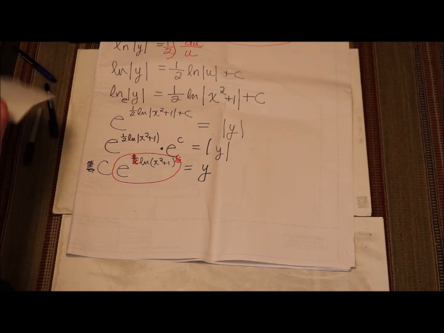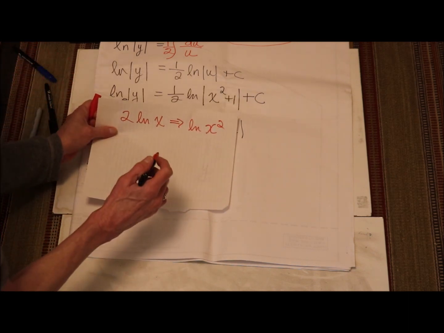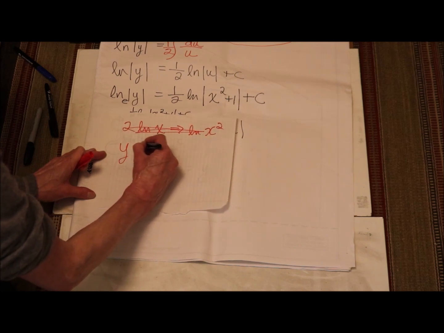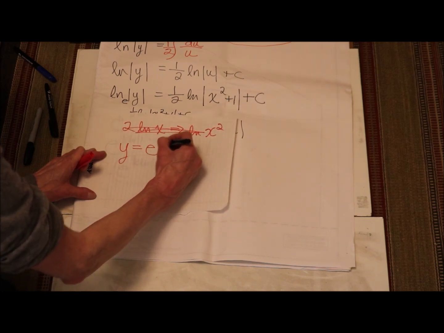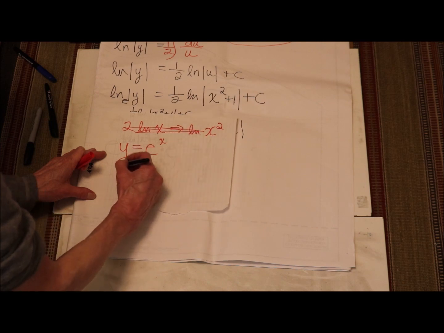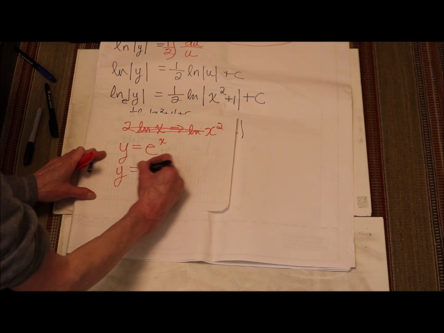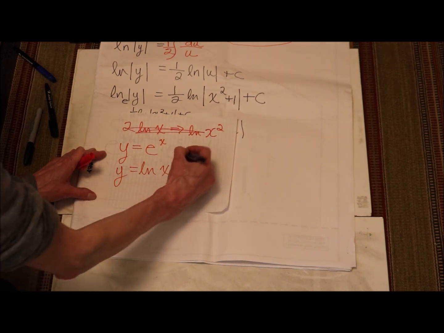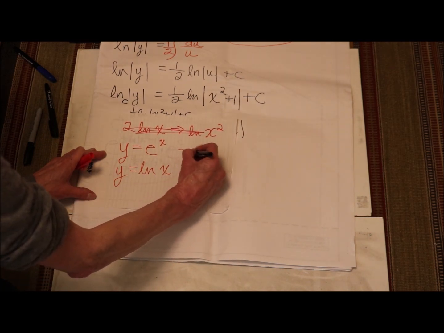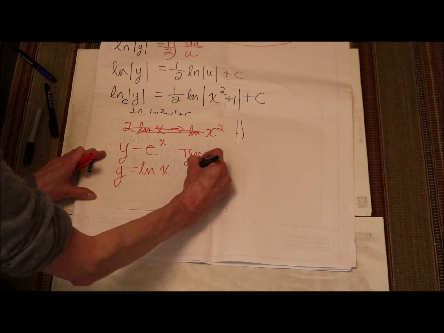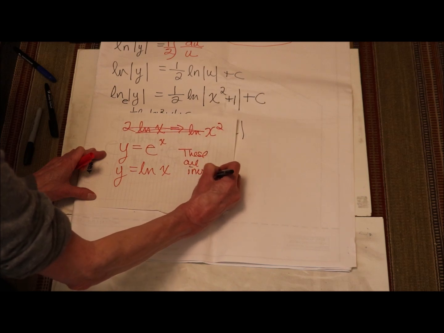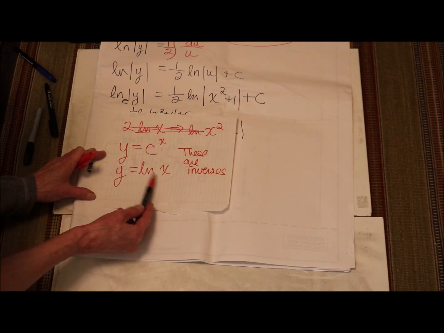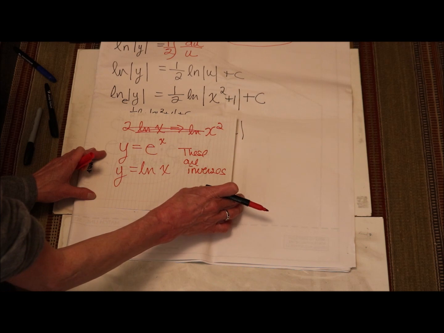All right, the other log rule we have to remember is this. It's not really a log rule. It's just the nature of what happens when you have two functions that are inverses of each other. If you recall, these are inverses of each other. And inverses undo what a function does. So e to the x and natural log of x are inverses of each other.